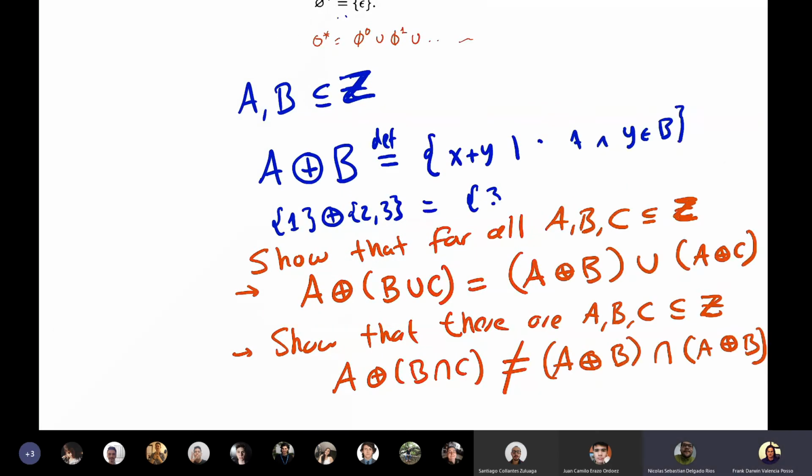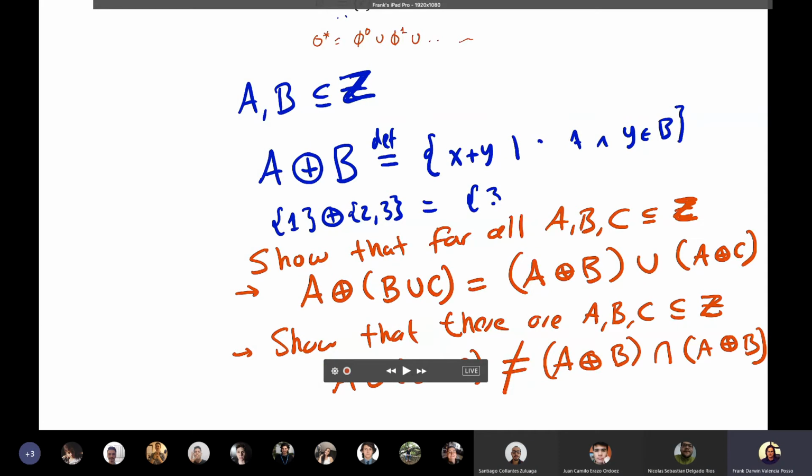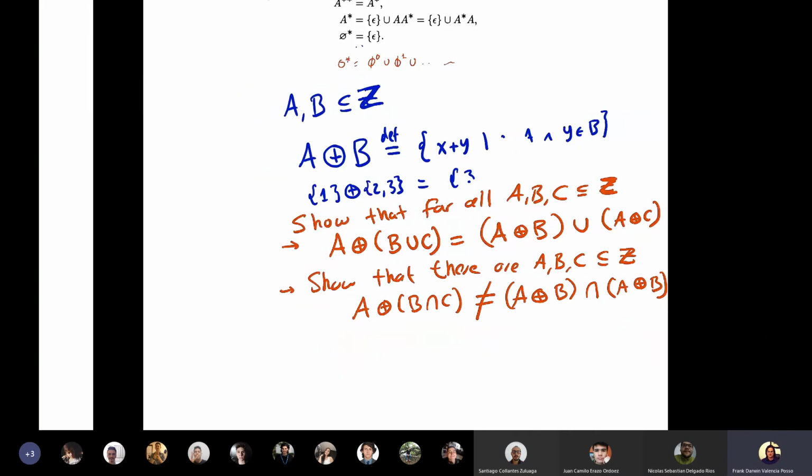Yes. Okay, so this is important. When you are going to show that something is true, showing an example is not enough. But when you are going to show that something is not true, I mean that this is not the same as this, then an example is enough.